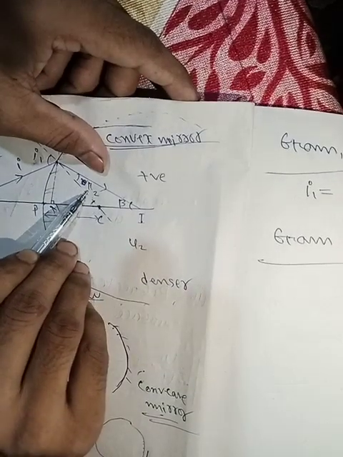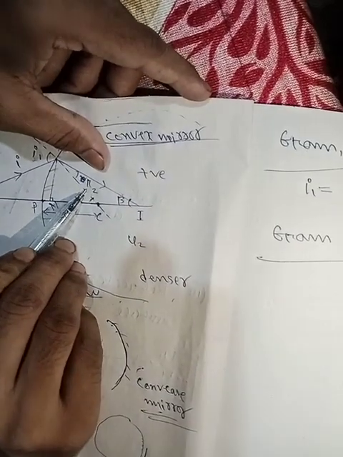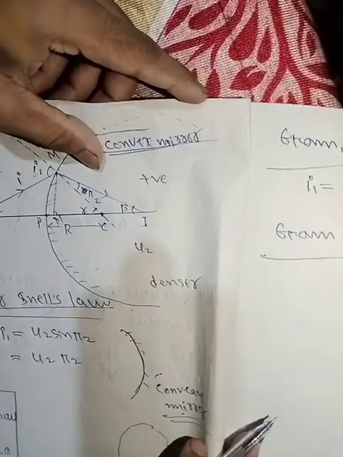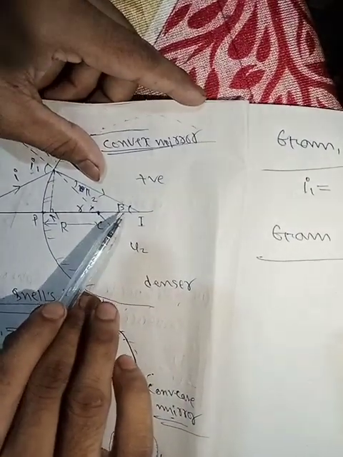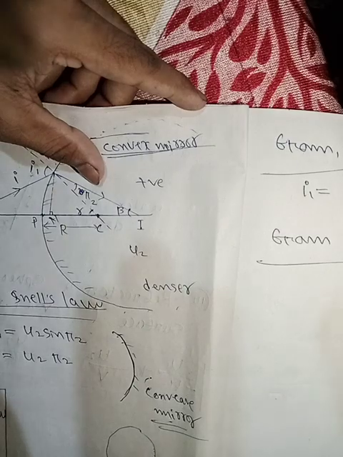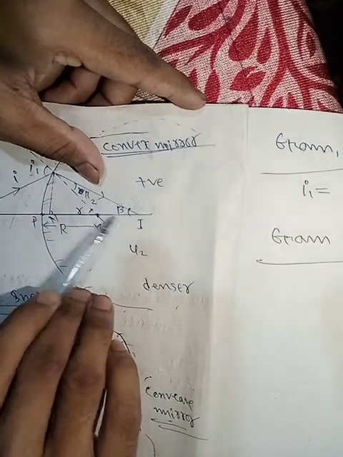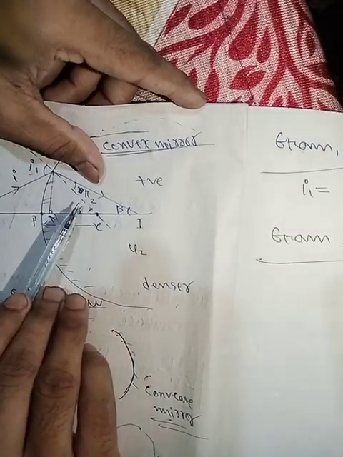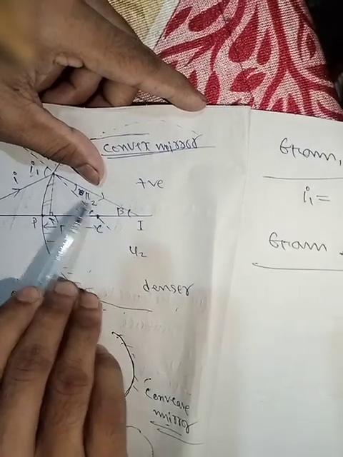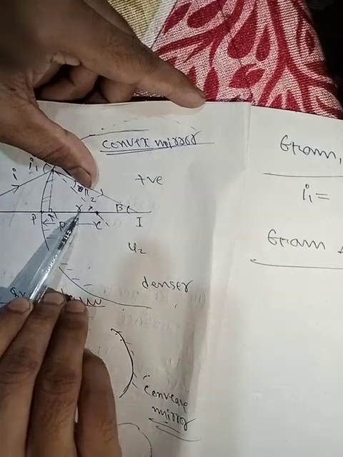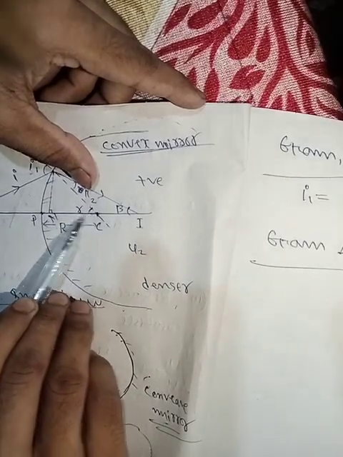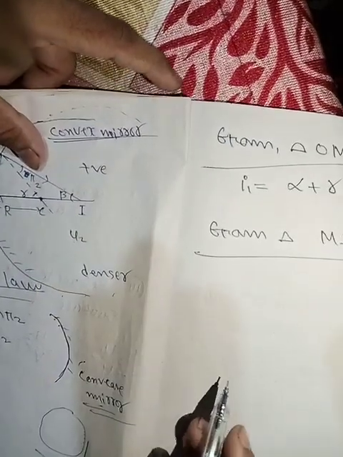Your target is R2. If you add beta and R, then you get the third external angle.